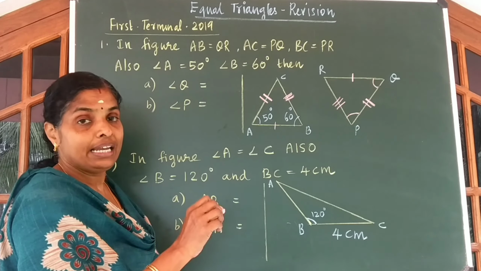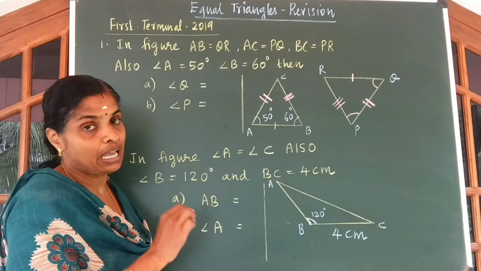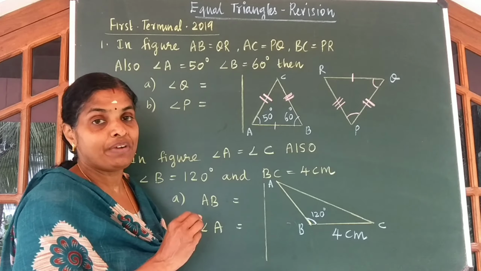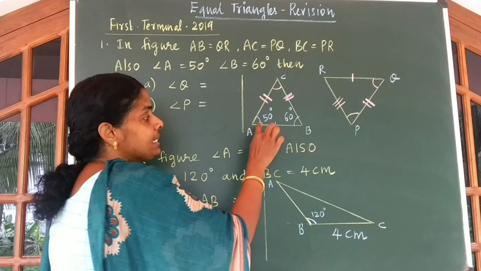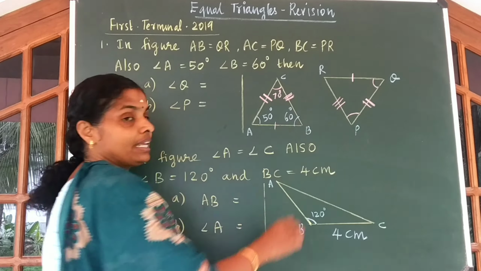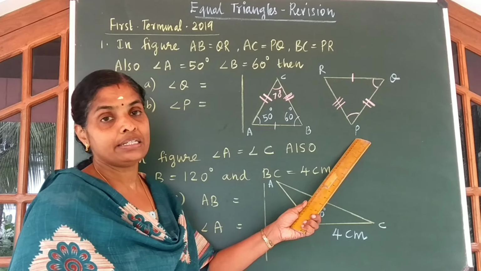First of all, let us find the third angle of triangle ABC. We know the sum of all angles in a triangle is 180 degree. Therefore, angle C would be 180 minus 110, which is equal to 70 degree. Now, what can you say about these two triangles?